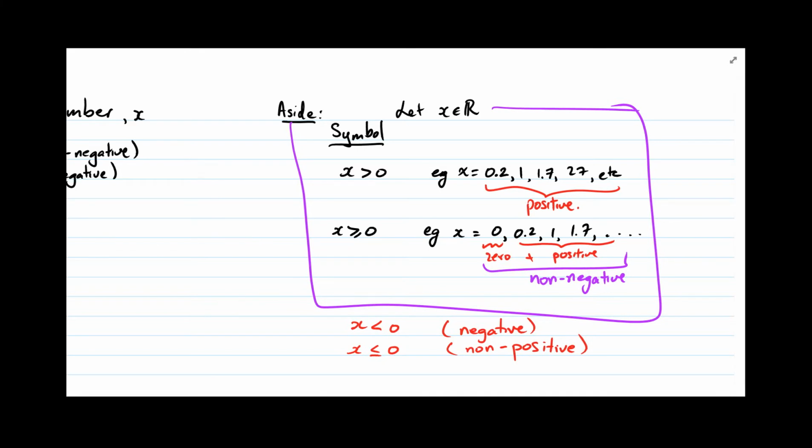So it's a distinction between the two things. Symbolically, many of you already understood that the difference between the strict inequality and the inequality that has an equal sign, the difference between greater than and greater than or equal to, was either the absence or presence of 0. But you probably weren't as familiar with the words.